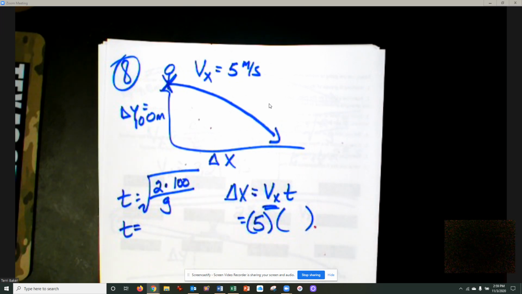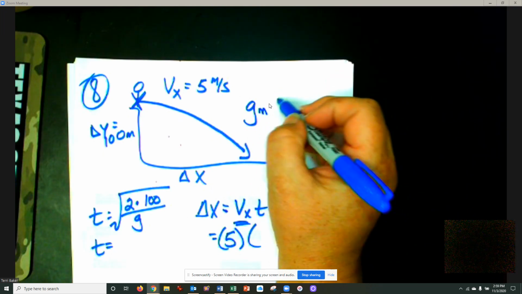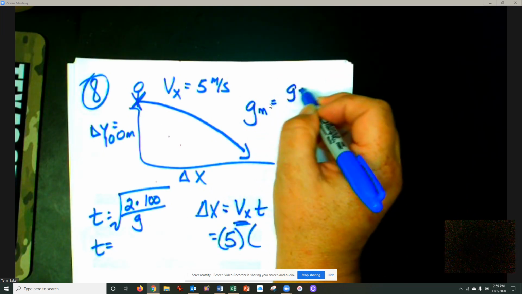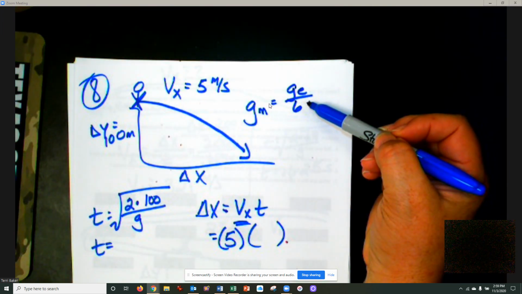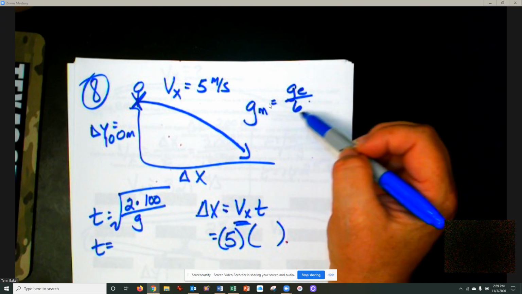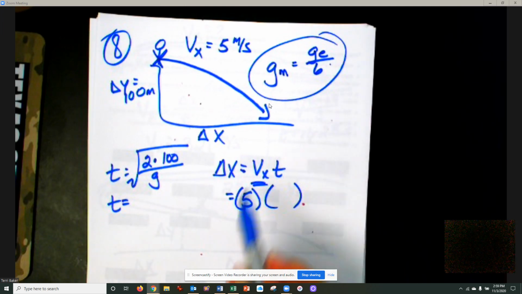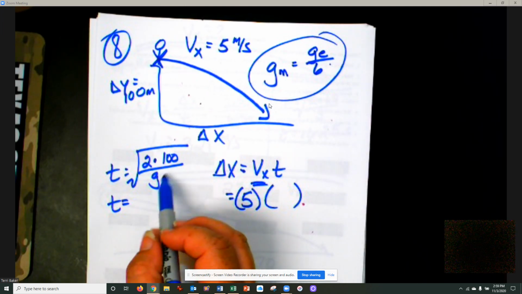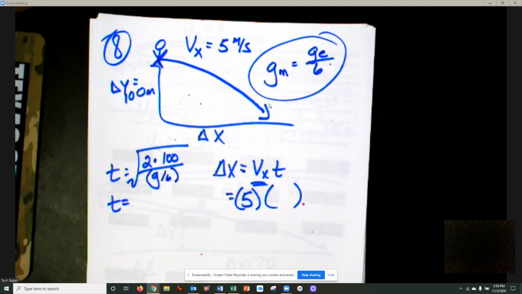Well, one thing I failed to mention when I read the problem: on the moon, the acceleration due to gravity is 1/6 of g on Earth. Because the astronaut is on the moon, when we calculate the time, instead of using g, we're using g divided by 6.